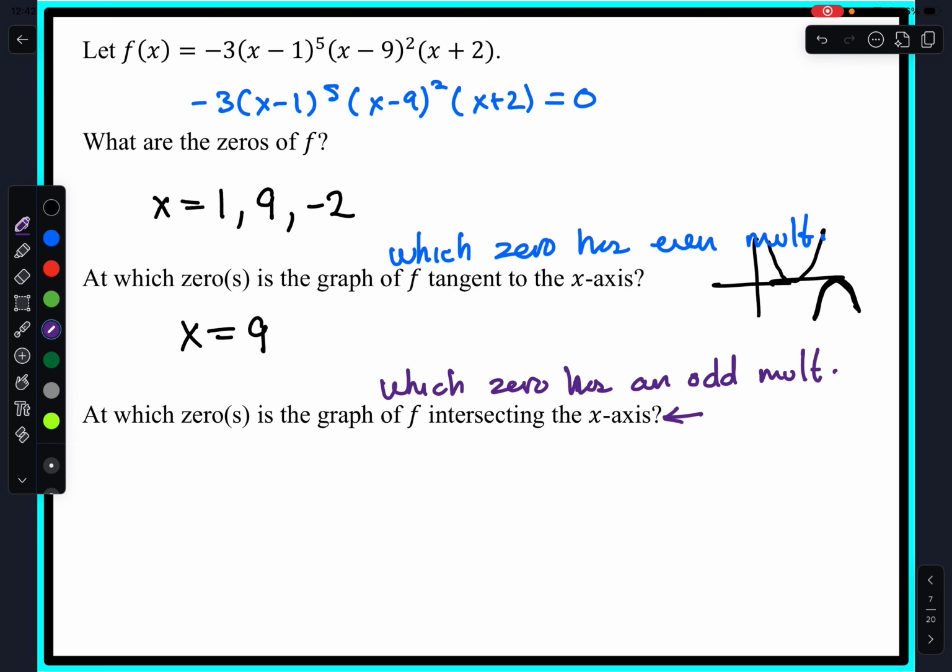So this question is the same as this. Well, the zeros that have an odd multiplicity are the factors that are raised to odd numbers. So since x minus 1 is raised to the 5th and x plus 1 is raised to the 1st, both odd numbers, that means that at these locations, 1 and then negative 2, the graph is going to intersect the x-axis.